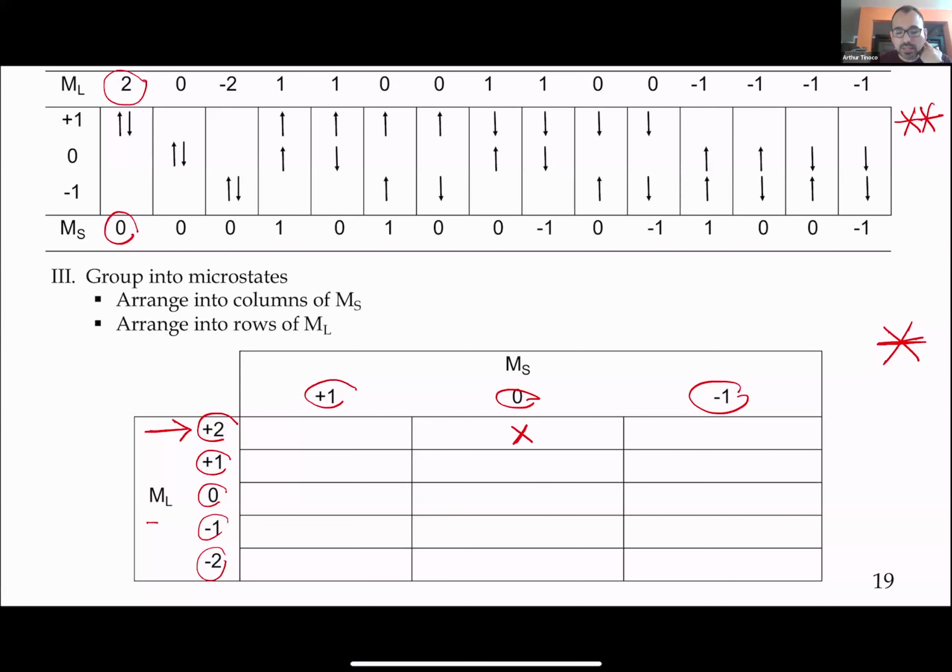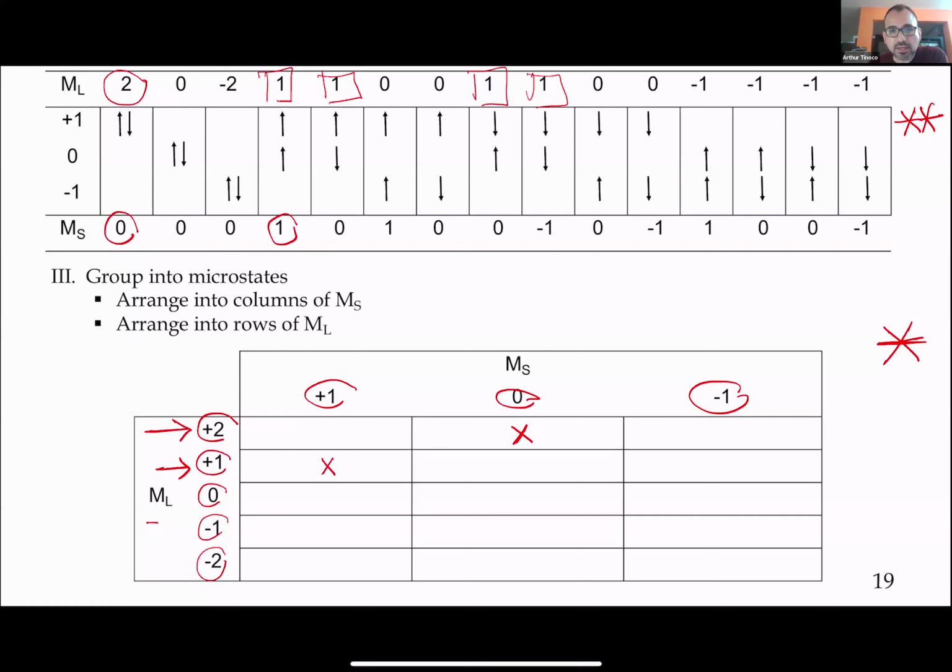Then I go to the next one, which is m sub l of 1. I look for 1. Where's 1? We have 1 here, here, here, here, and that's it. So we have m sub l of 1 and m sub s of 1, and it turns out that there's only one of those, so I mark it here.